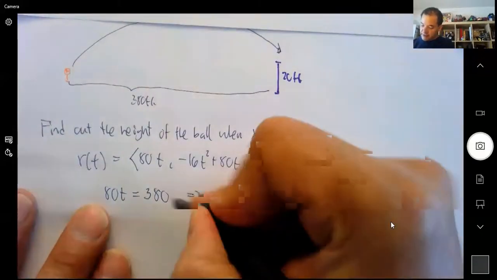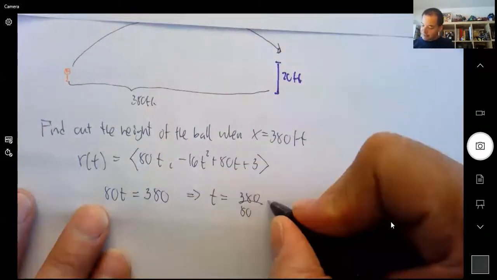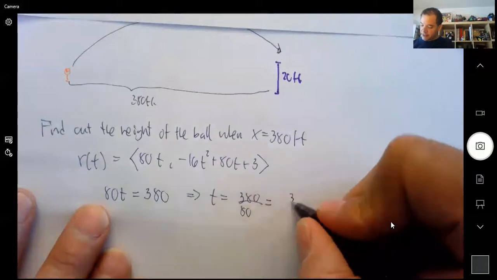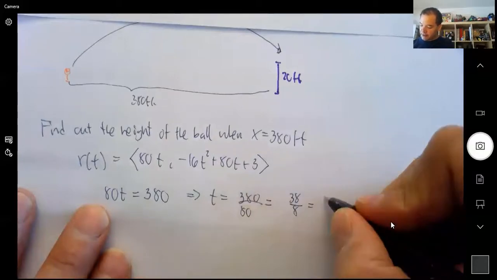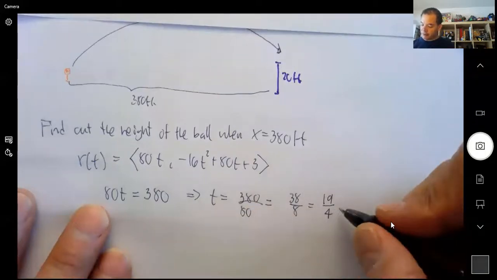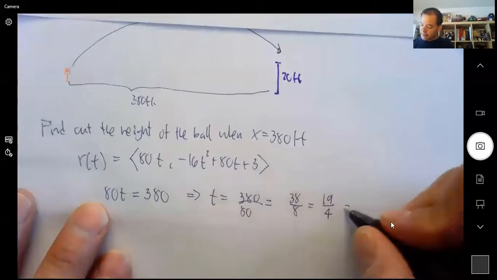That means t is 380 over 80, and this simplifies to 38 over 8. So that's 19 over 4, which is 1/4 less than 20 over 4. 20 over 4 would be 5, so this is 4.75.